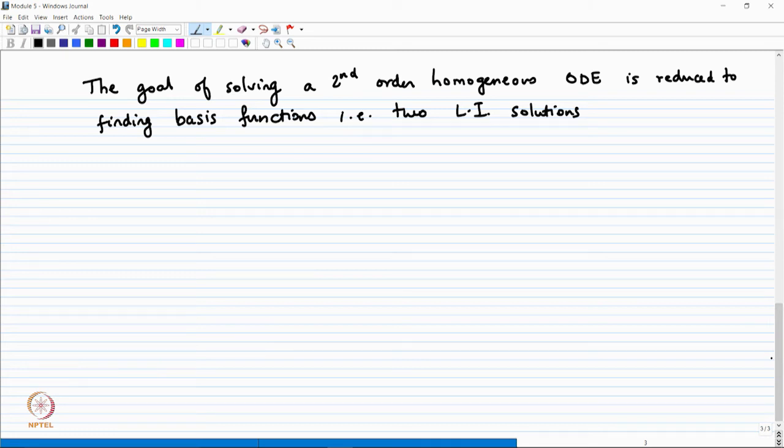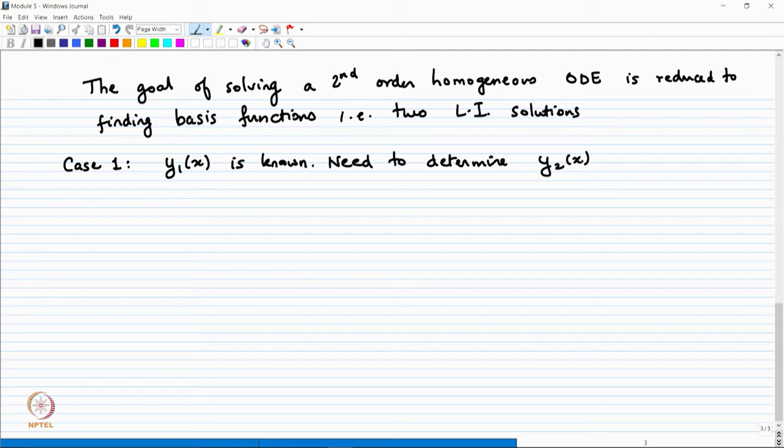So the goal is to find these two basis functions. Now we look at different cases. The first case: y1 of x is known, and we need to determine y2 of x. How will you go about doing this?